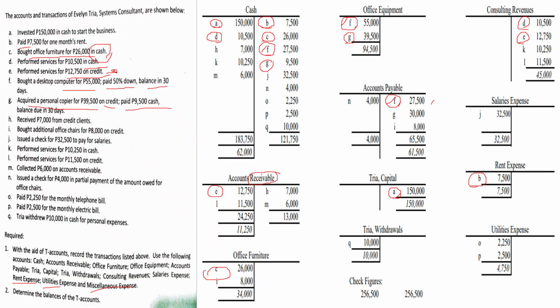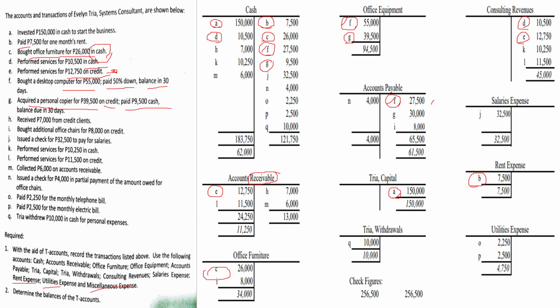We credit cash by 9,500. The balance is due in 30 days. So what is the balance then? We just deduct the 9,500 from the 39,500. So we have 39,500 minus 9,500 equals how much?